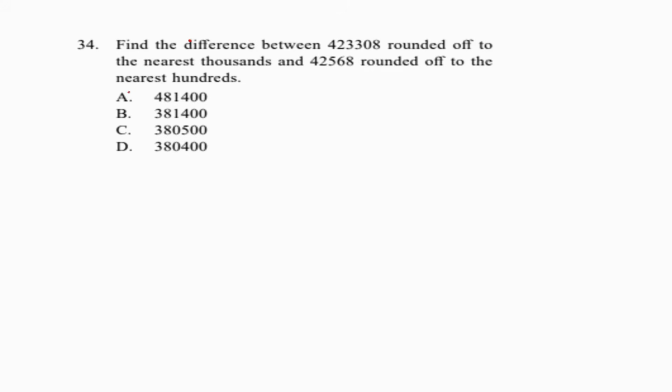Next, moving on to question number 34. Find the difference between 4,23,308 rounded off to the nearest thousands, and 42,568 rounded off to the nearest hundreds. 4,23,308 rounded off to the nearest thousands would be 4,23,000.